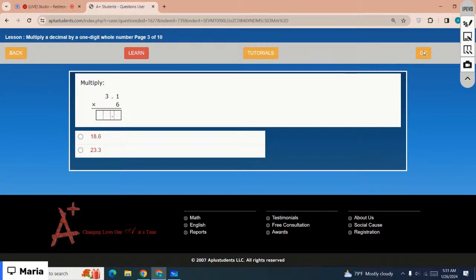The next one is 3.1 times 6, which is the correct option? The next one is 18.6. Option number 1 is the correct option. Very good.